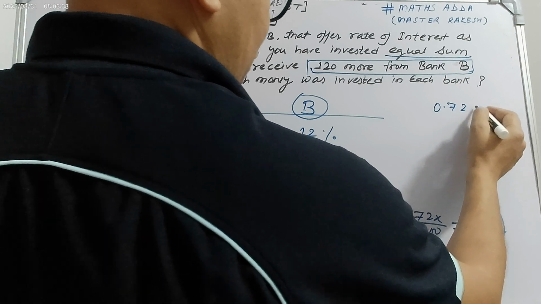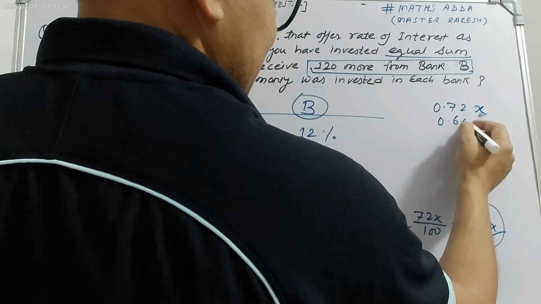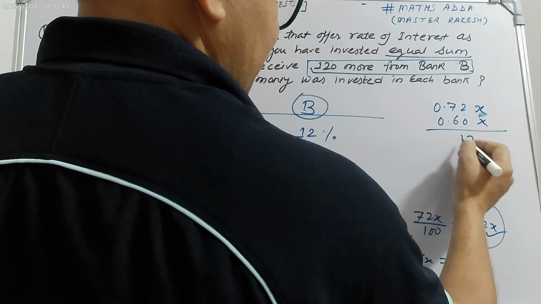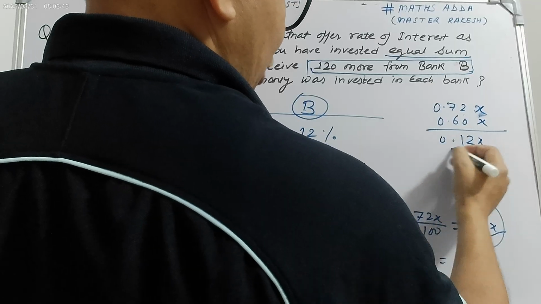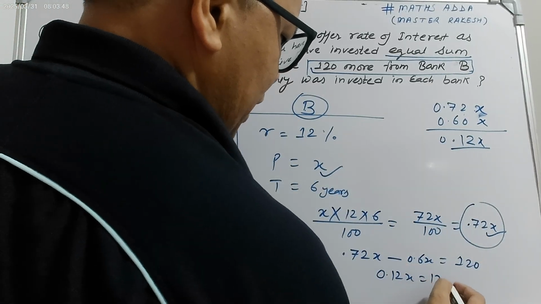Leave the x for the time being. For 0.6, you can place a 0 here. 2 minus 0 is 2, 7 minus 6 is 1, so it becomes 0.12x equal to 120.